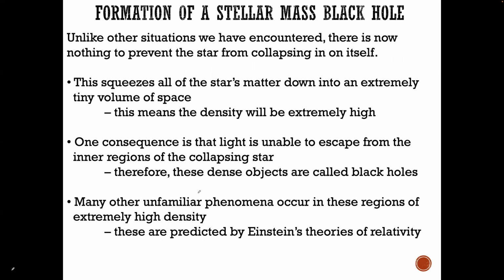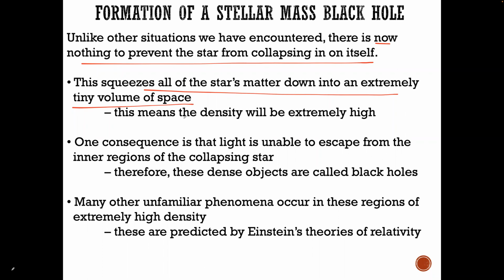But when the mass is so high that neutron degenerate pressure cannot stop the gravitational collapse, there is nothing to prevent the star from collapsing in on itself. As a result, this squeezes all the star's matter down into an extremely tiny volume of space, because there is nothing to stop this now.